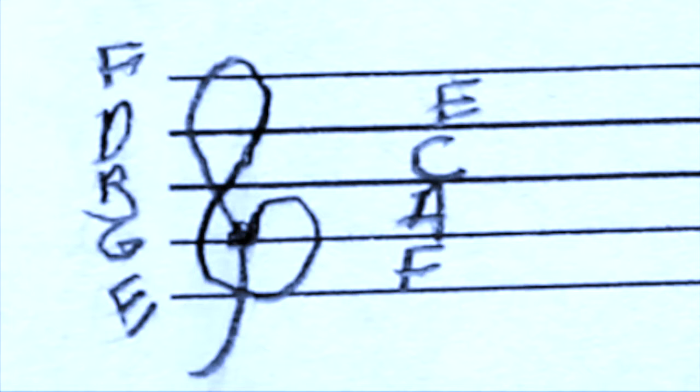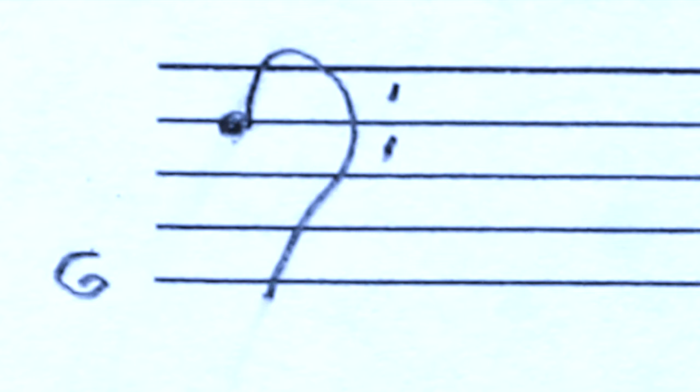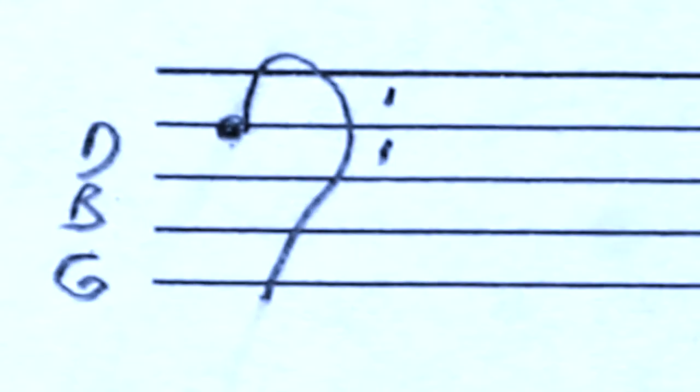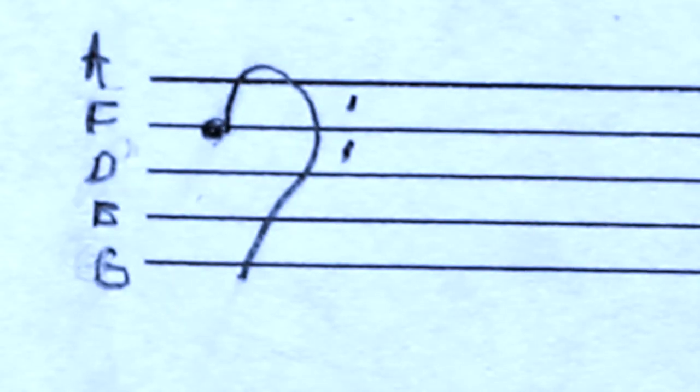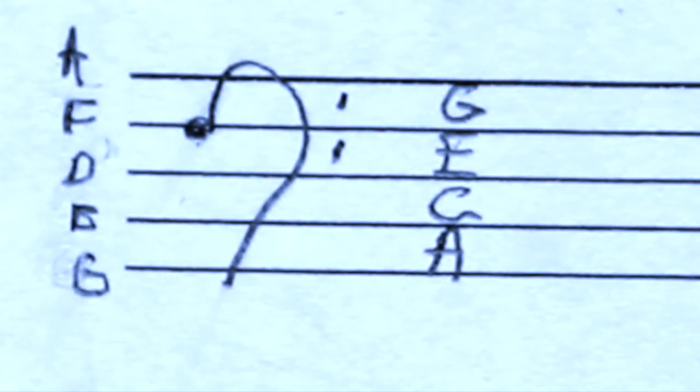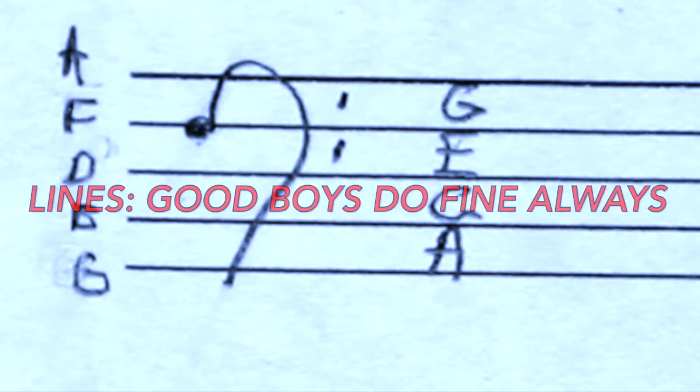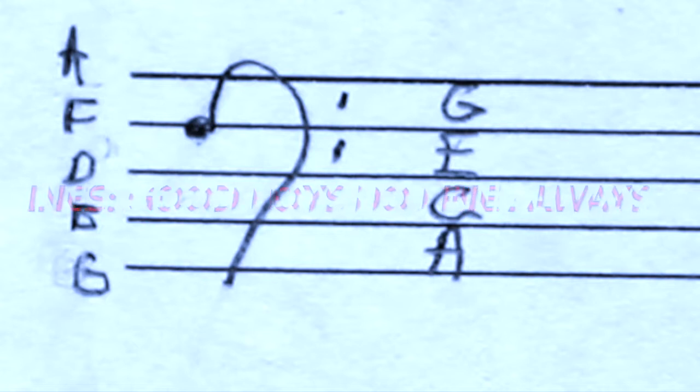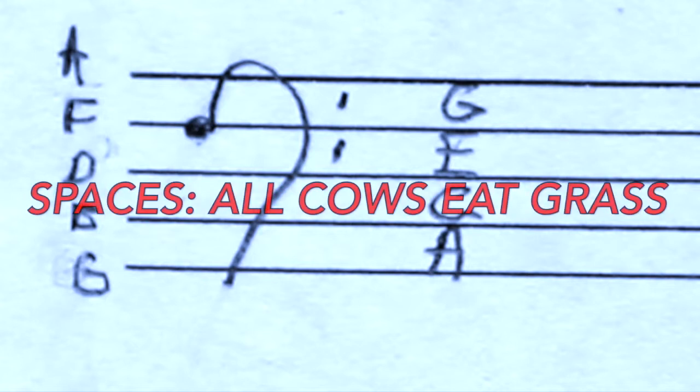Easy enough, right? In the bass clef, the lines from the bottom to the top are the letters G, B, D, F, and A. The spaces from the bottom to top are A, C, E, and G. If you need help to remember this, just remember the phrases "good boys do fine always," and "all cows eat grass."